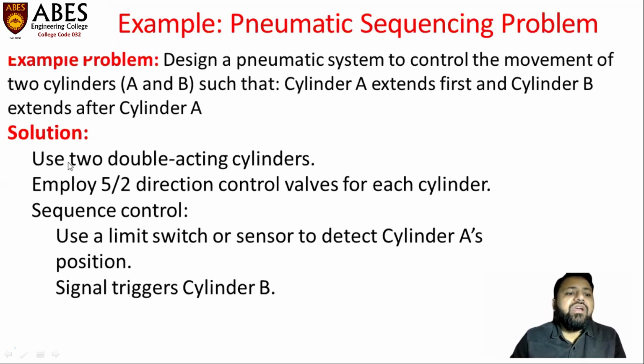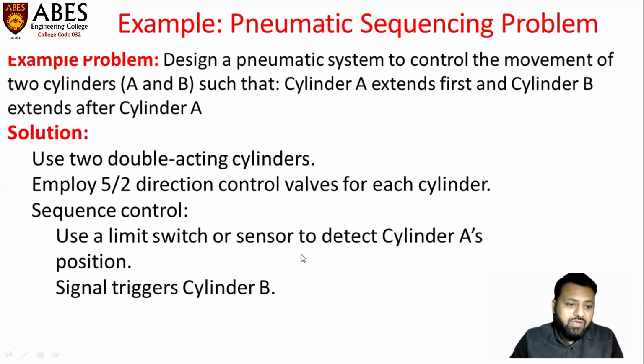This is the solution. We have to use two double acting cylinders. Then we have to employ a 5/2 direction control valve, meaning a valve having 5 ports and 2 positions, for each cylinder. And finally, we have to do the sequence control, meaning use a limit switch or a sensor to detect the cylinder A position, to check whether cylinder A is extended or not.